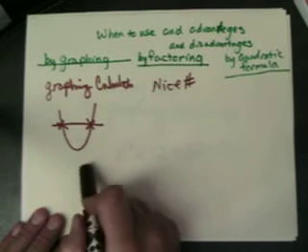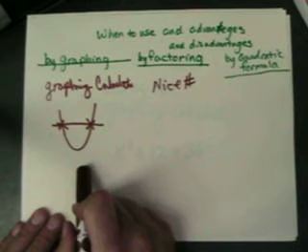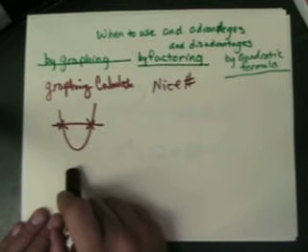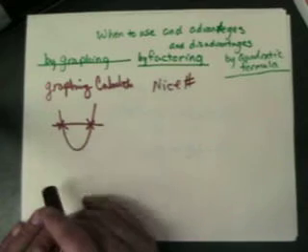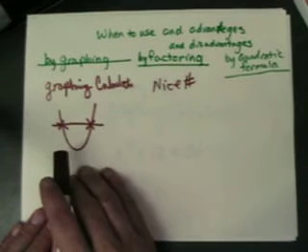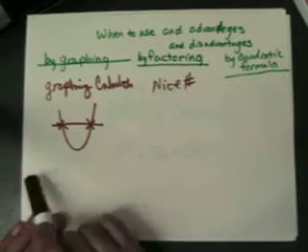It does not work if you are trying to find non-real solutions, which you won't cover in this class, but for right now it'll cover most of the things that you're trying to find. Remember that you're looking for the x-intercepts.